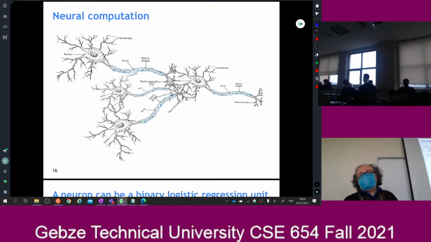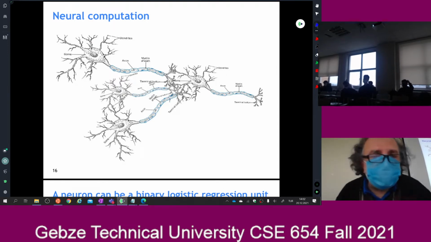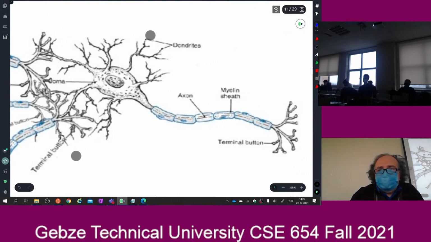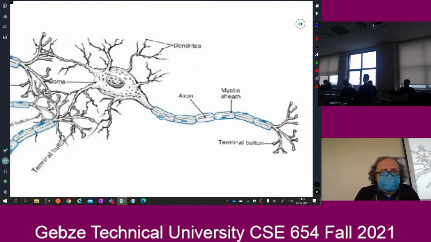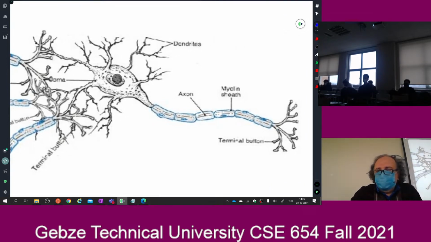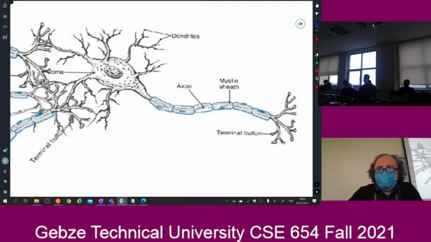For that, we are modeling the human brain cells, or mammalian cells. That's what we say we are doing. It is not exactly the same, but that's what we are doing. This is the center of the cell, the nucleus, and these are dendrites, and these are the terminal buttons.